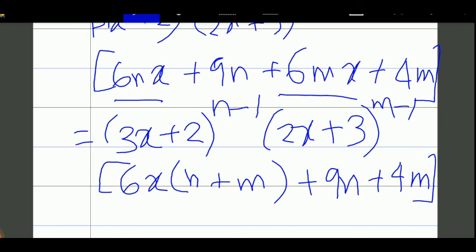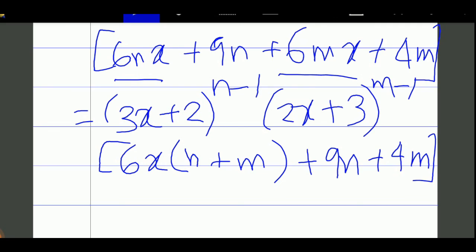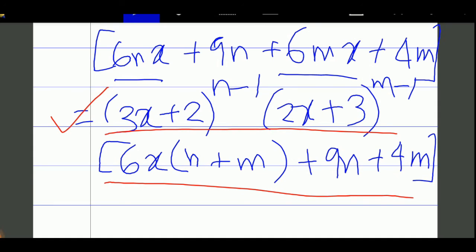This last answer is the answer after simplifying the whole thing. This is the final answer. You cannot simplify this further, so this is the last and final answer.